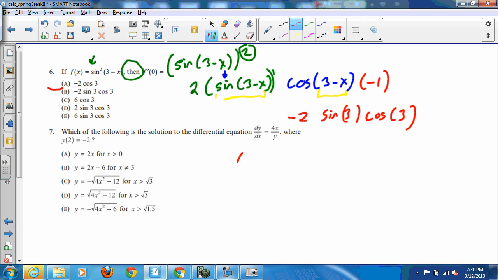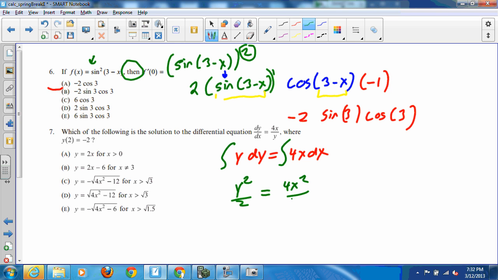So cross multiply, and we get y times dy is equal to 4x dx. So now we're going to integrate both sides, and we'll put our constant over here on the right. So the integral of y dy is y squared over 2, and that's equal to 4x squared over 2 plus our constant. Okay. No reason to clean this up any further right now, I don't think.